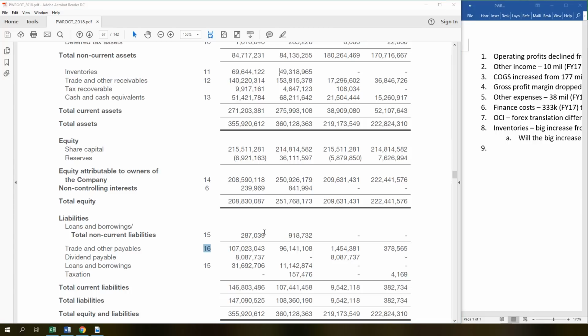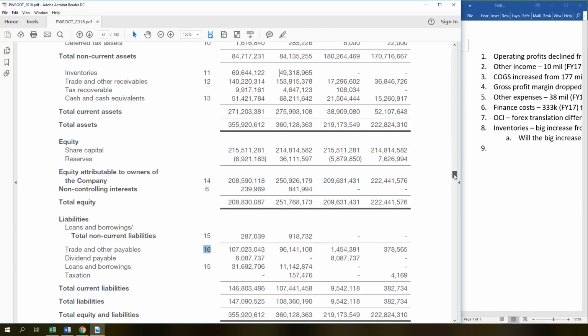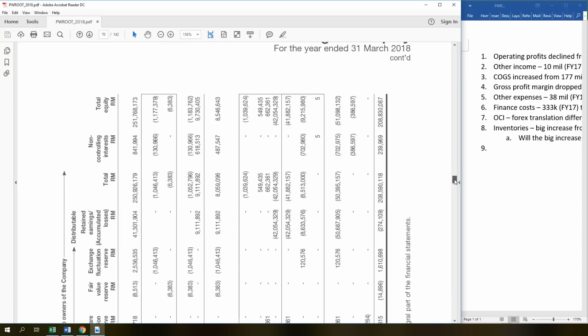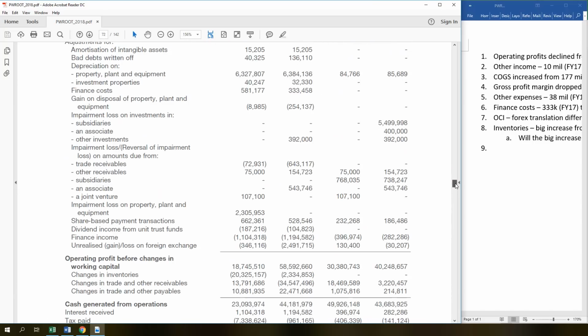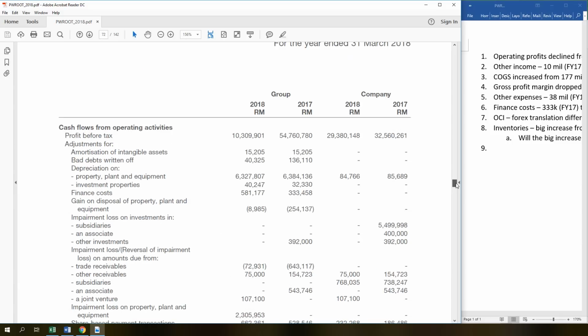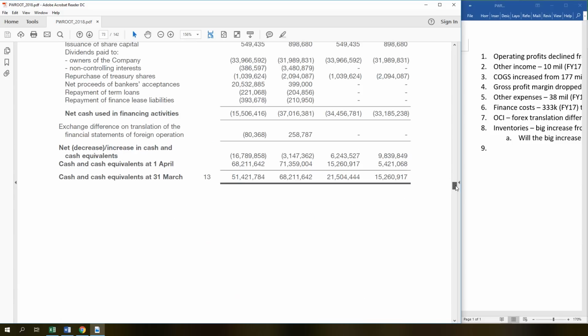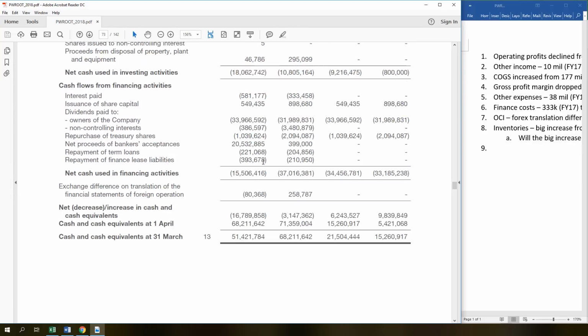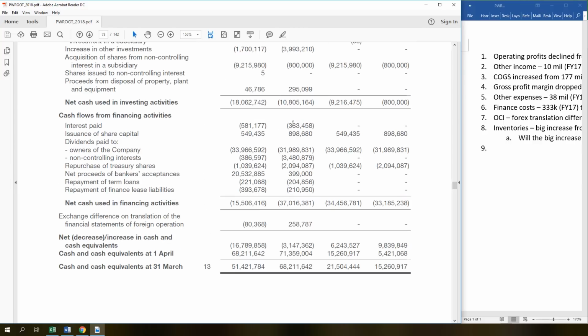Next, let's have a look at the cash flow statement. For some unknown reasons, I always like to start with cash flows from financing activities. The only item that caught my attention is net proceeds of bankers' acceptances, 20 million.